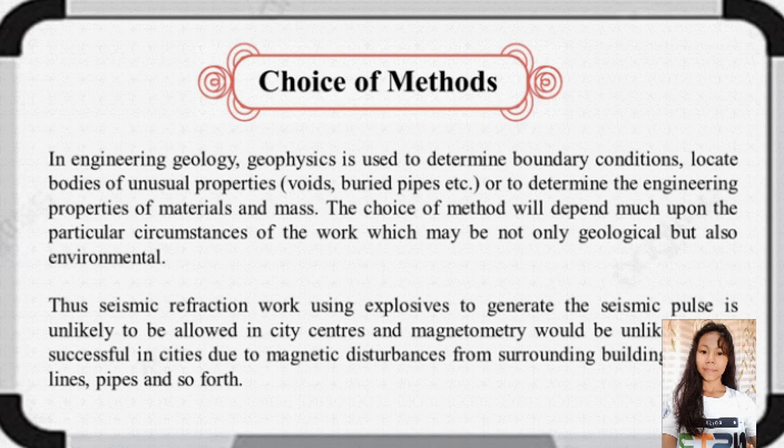Thus, seismic refraction work using explosives to generate the seismic pulse is unlikely to be allowed in city centers, and magnetometry would be unlikely to be successful in cities due to magnetic disturbances from surrounding buildings, power lines, pipes, and so on. In this area, the investigator must also not assume that only one method is appropriate for a particular purpose.